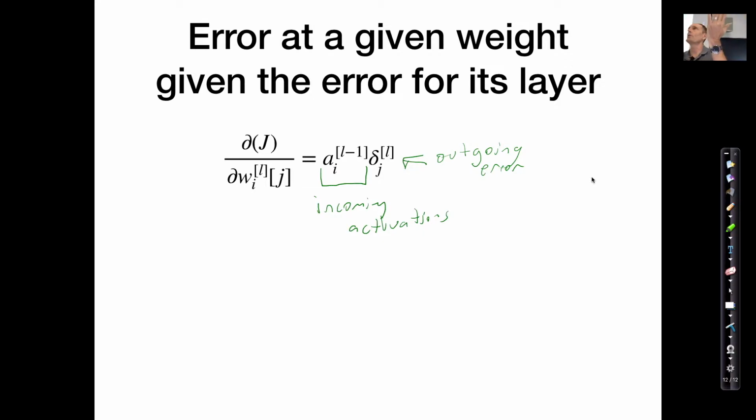So the gradient for a weight depends on how big the things are that are coming in to the neuron and what sort of gradient we have into that weighted sum. Okay. Questions?